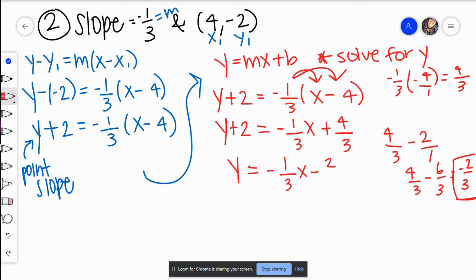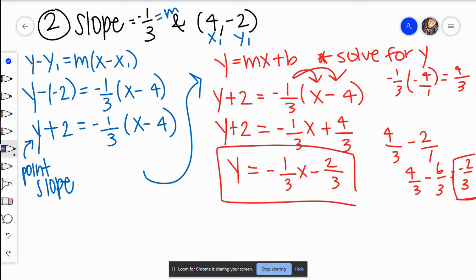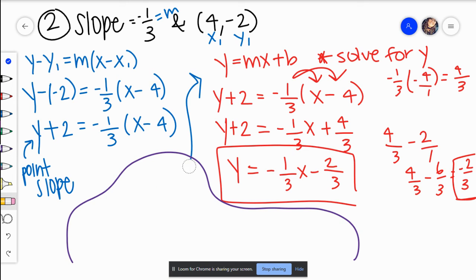So negative 2/3. And so this would be my equation of a line. Okay, so let me just come over here to the side and do what I was doing, just so I can at least have some kind of ending to that.